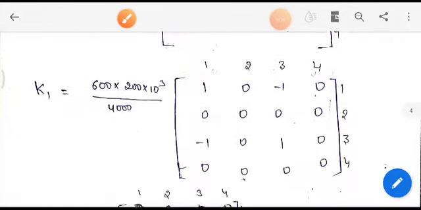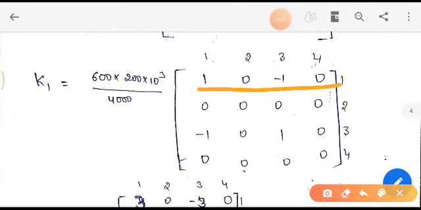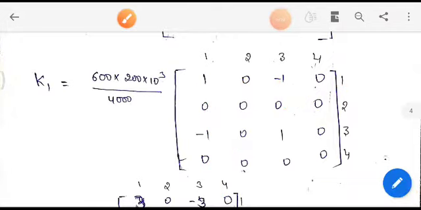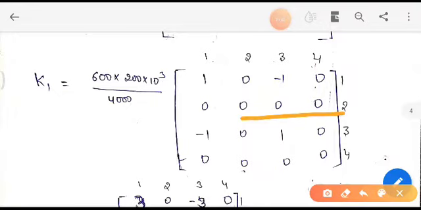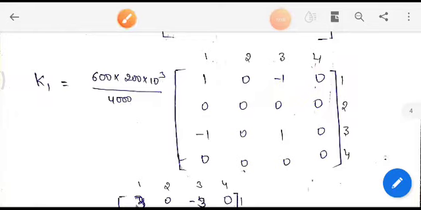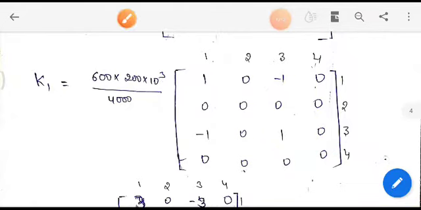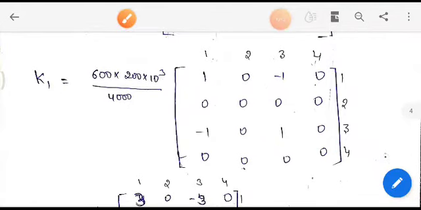It is very easy to calculate: once you calculate these elements, the same thing you need to copy over here, since it is a symmetric matrix. Next we need to calculate only these three elements, and once we calculate them, we copy them over here. Then we calculate only these two, copy them, and finally determine the last element. Like this we need to calculate.